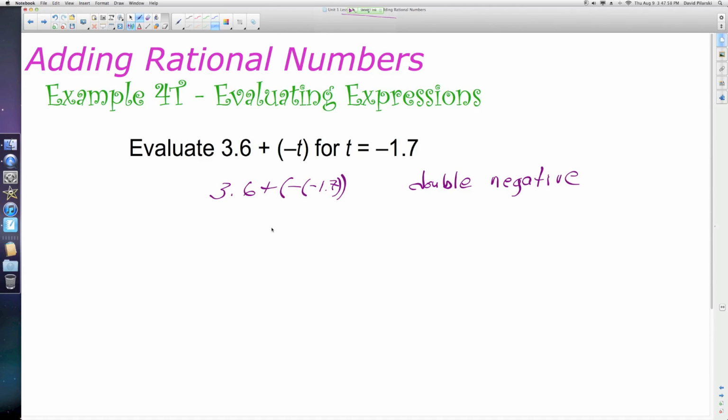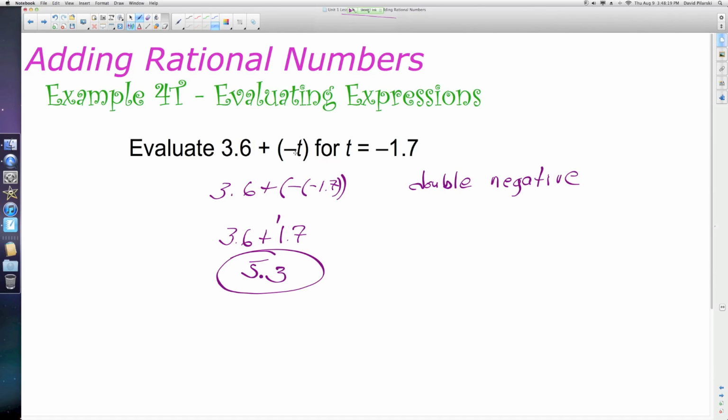And that always becomes a positive. So rewriting this a little more simply would be 3.6 plus 1.7. And adding those together, 7 plus 6 is 13. You'd carry a 1. 3 and 1 is 4, plus 1 is 5, and the decimal would go right between them to give you 5.3.